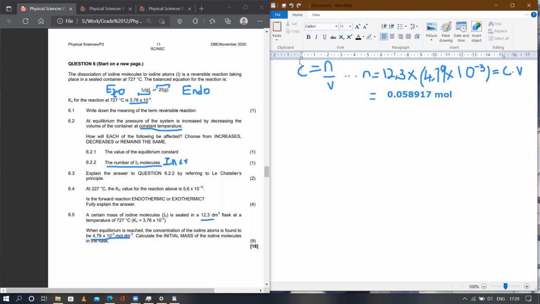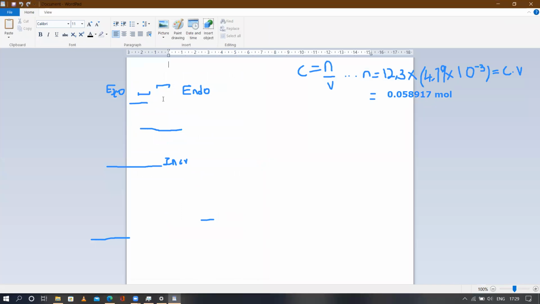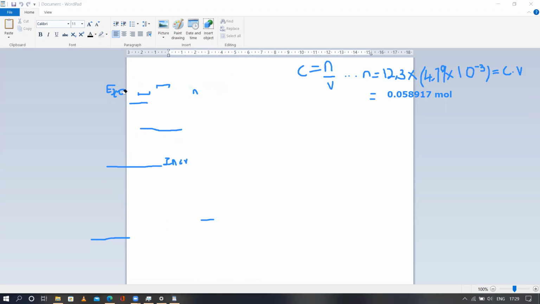And now what you're gonna do next is we're gonna go to our equilibrium table. So let me just erase these.